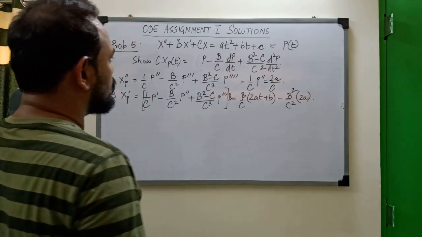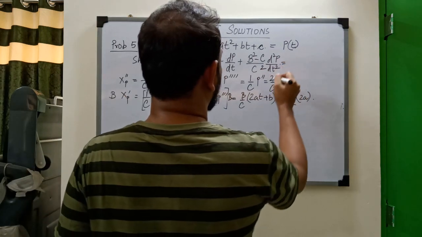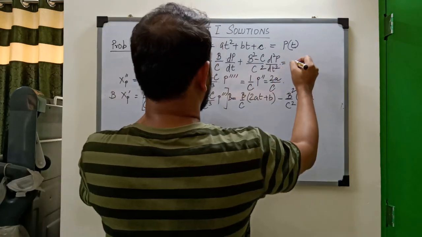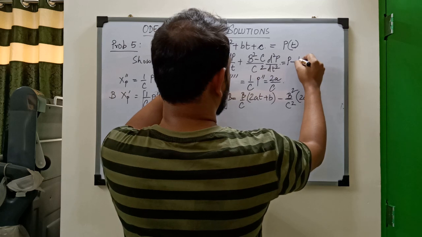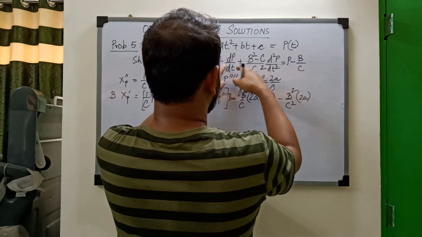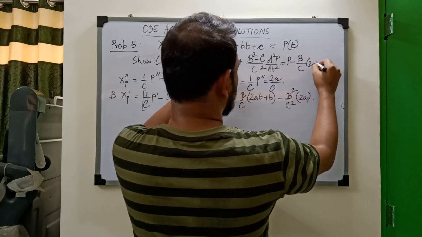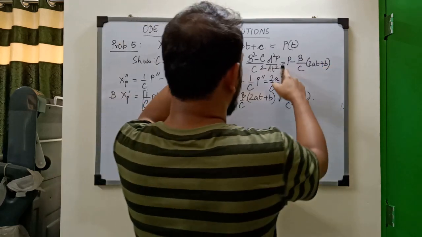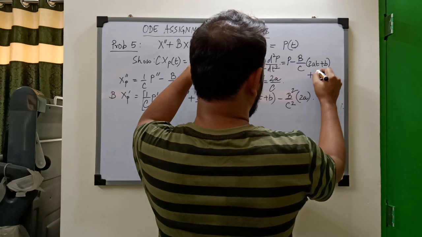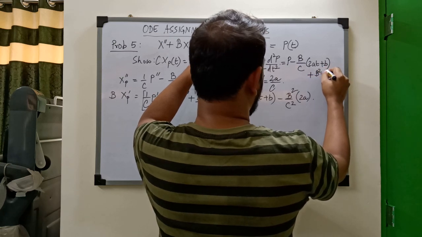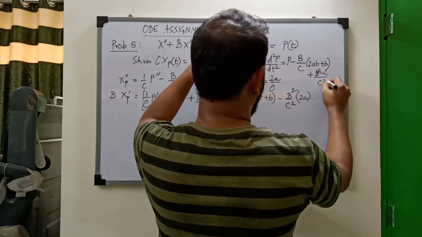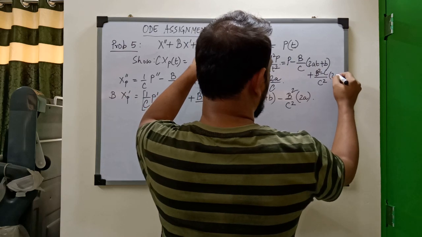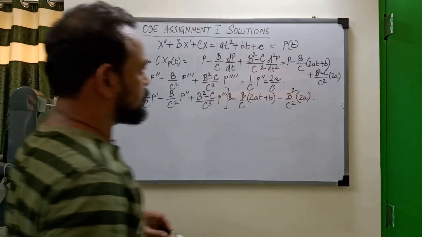What is this really? This one is p minus capital B by C. This is the 2 small at plus b, because this is the one-time differentiation. And this one is capital B square minus C by C square, 2a, because this is a double differentiation.